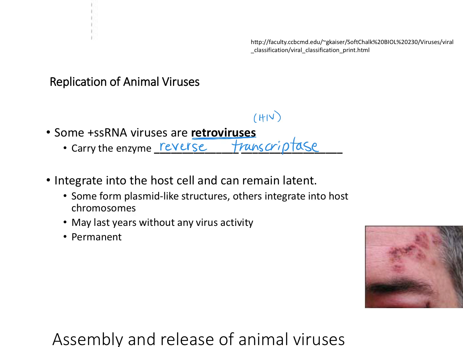HIV is a plus sense RNA virus, and it produces reverse transcriptase, which allows it to make a negative sense single strand of DNA, and from that, it can make a double strand of DNA. And from that double-stranded DNA, it will make more of its plus sense RNA.